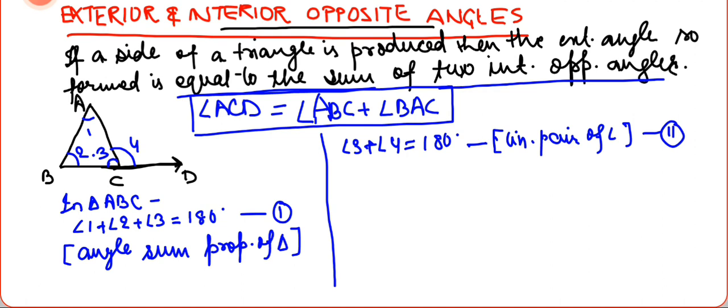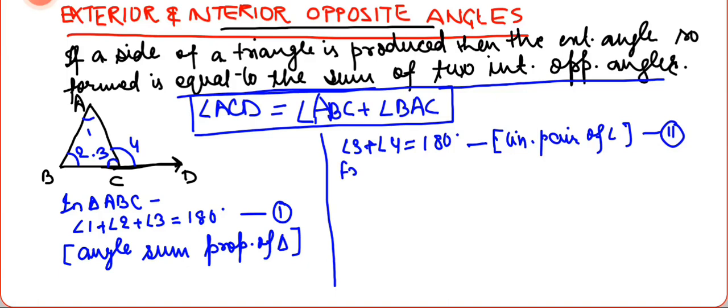You can see clearly on the screen, students, equation 1 is equal to equation 2. How is it equal? Because the RHS of equation 1 is equal to 180 degrees and the RHS of equation 2 is also equal to 180 degrees. Therefore, the LHS, that is the left hand side of both the equations, are equal.